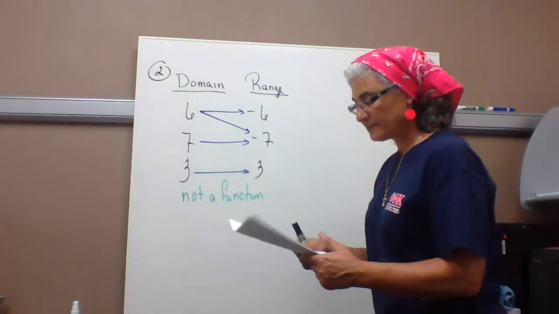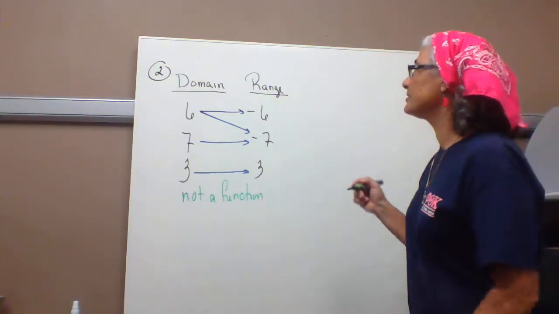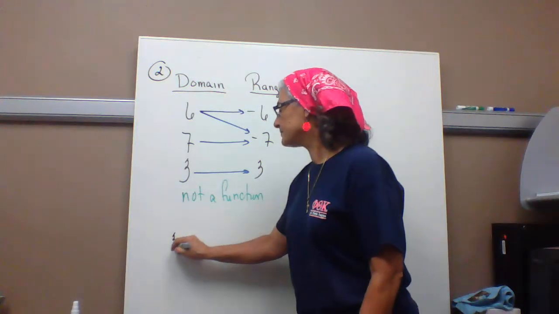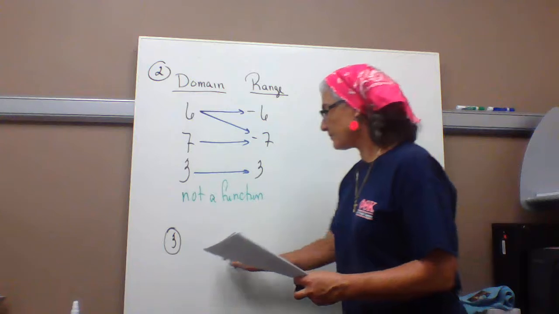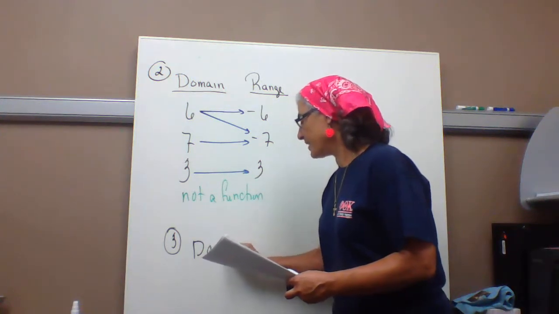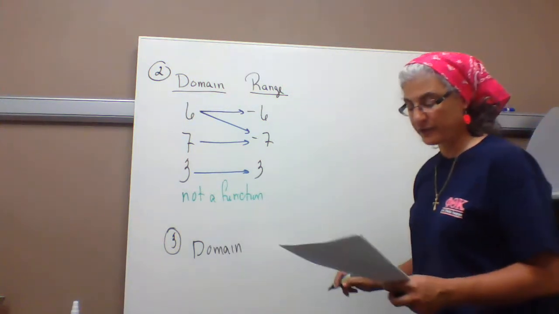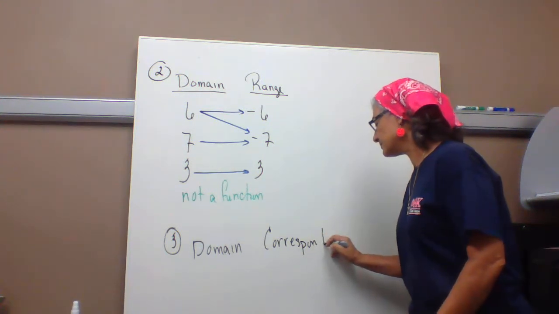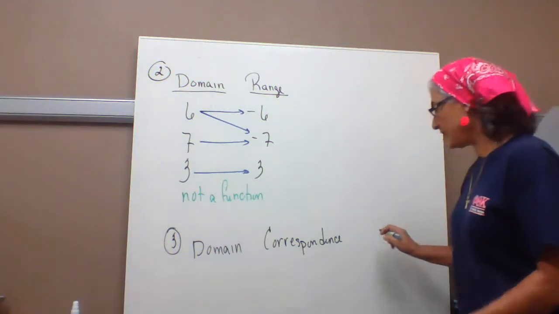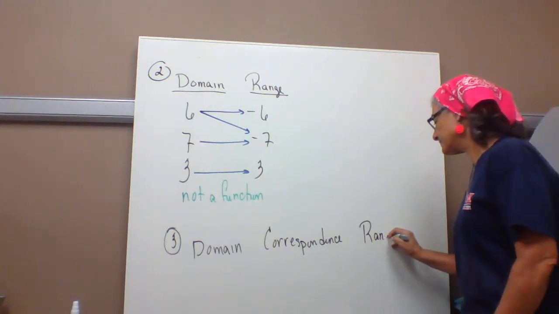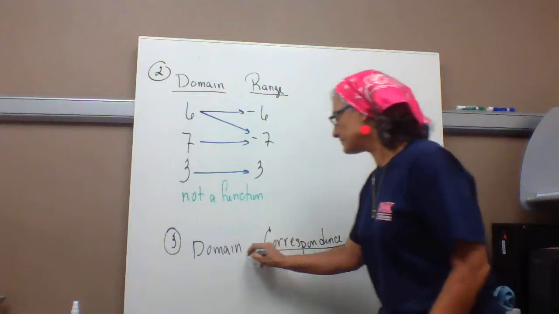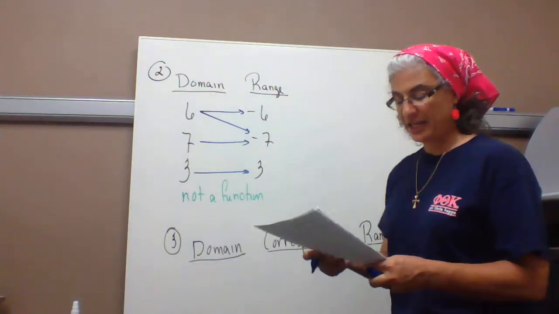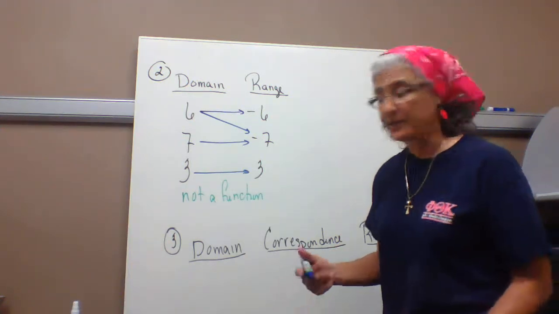Okay? Let's look at another problem in terms of, is it a function or not? The domain. Here's a new word for us, correspondence. And then the range. So in this case, the domain is going to be a set of iPods.